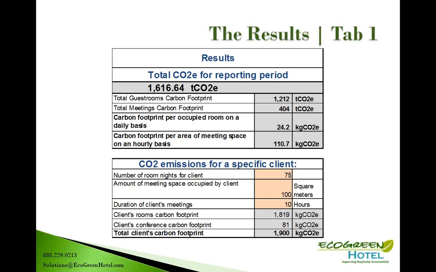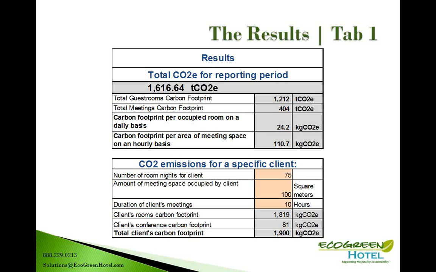Because you've also put in data on the actual occupancy that you had over that time and the number of rooms that you've got, it will show then per occupied room on a daily basis during that reporting period was 24.2 kilos of CO2e, which is quite a respectable figure.